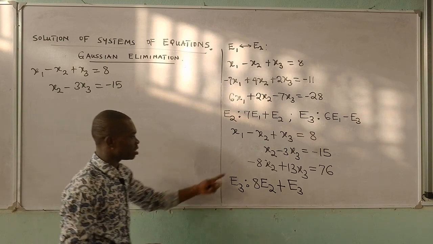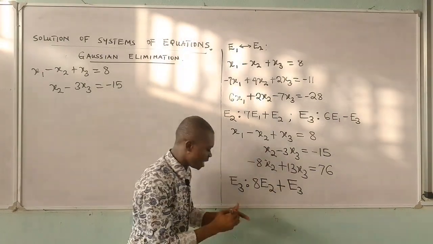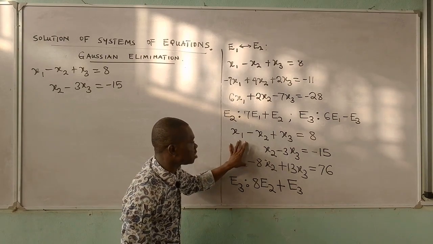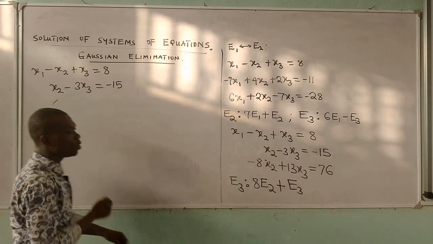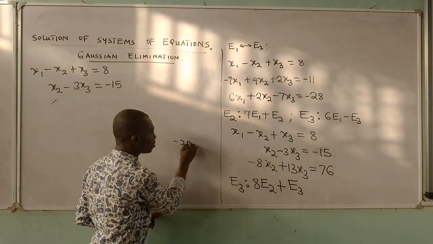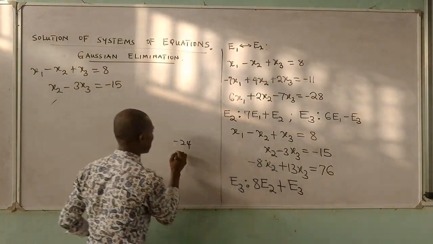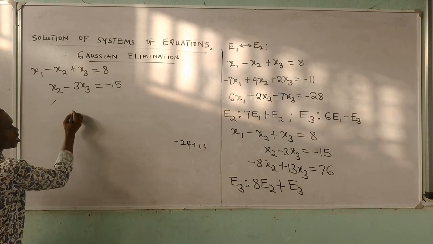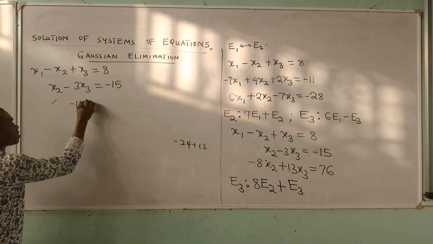Now let's apply that. Multiply everything here by 8. So if I multiply x2 by 8, that will be 8x2. If you add it, you will get 0. So this will go. Multiply here by 8, that will be minus 24. Then add it to 13. Minus 24 plus 13 will quickly give us minus 11x3.